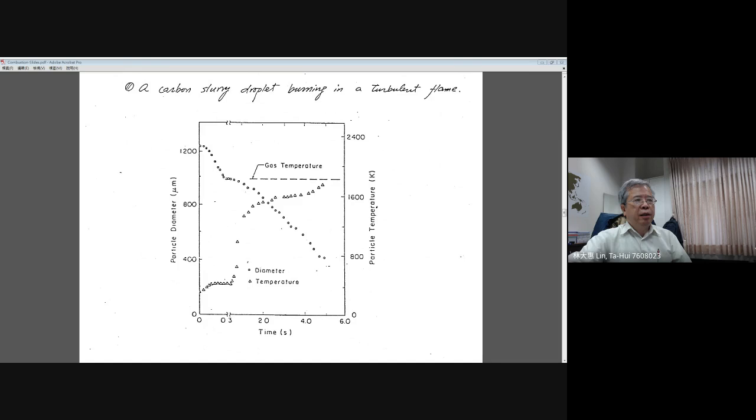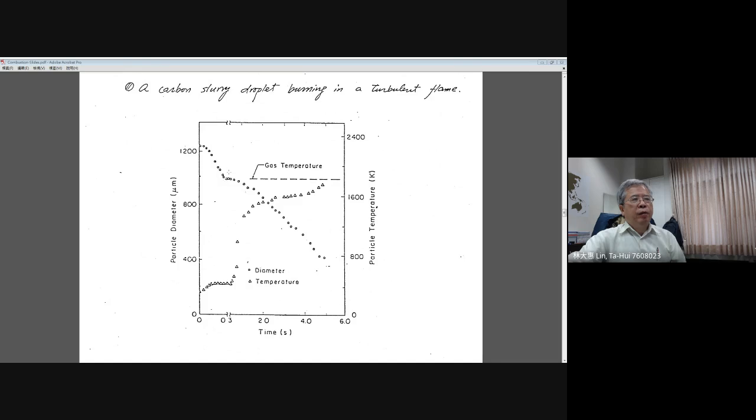In this period, we can look at it as the burning of the liquid fuel. Here this slide tells you initially the droplet size is almost unchanged during the preheating process, then the droplet diameter will decrease. It shows a slightly curved line, but still very similar to a linear curve.